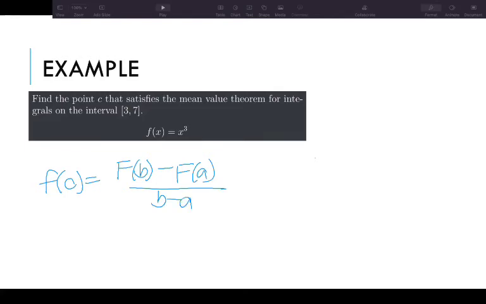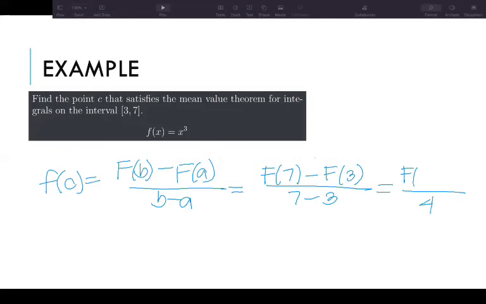In this problem, we have a equals 3, the lower limit, and 7 as the upper limit, which is b. So we have quantity F(7) minus F(3) all over 7 minus 3, which is 4. So all we need to find is F(7) and F(3).